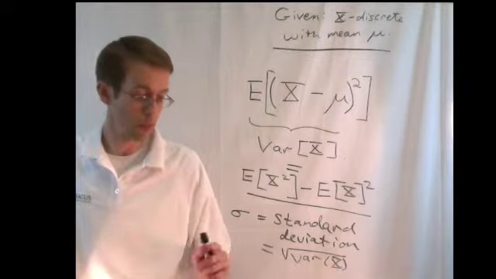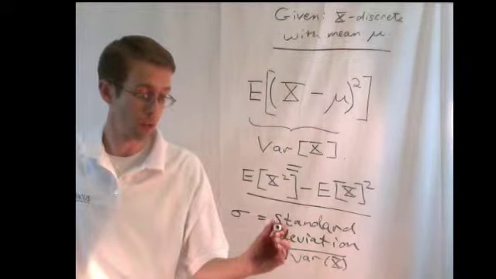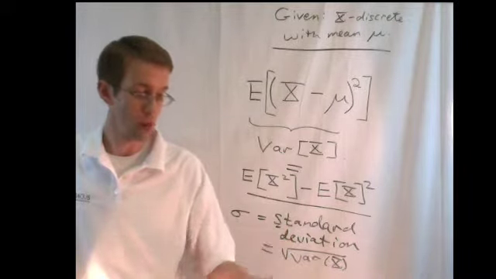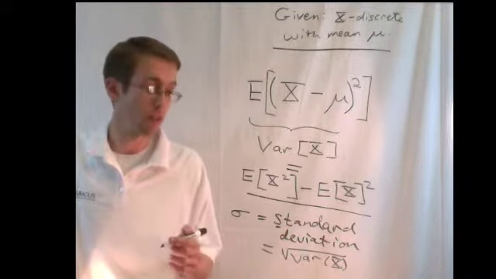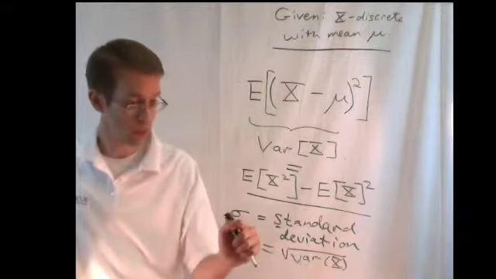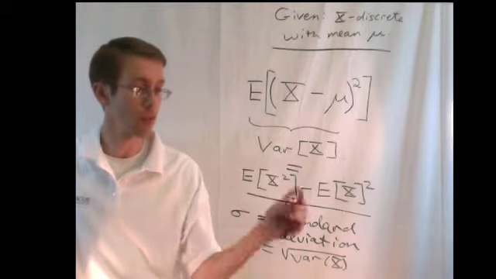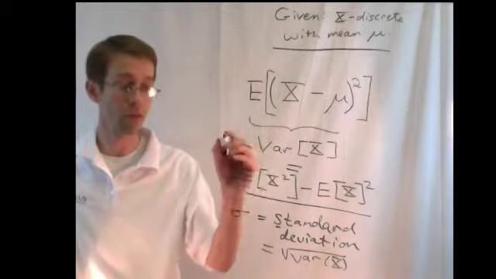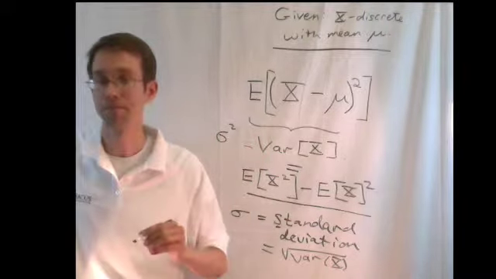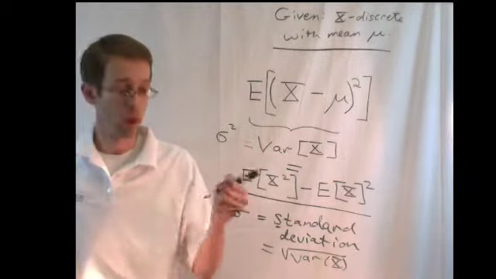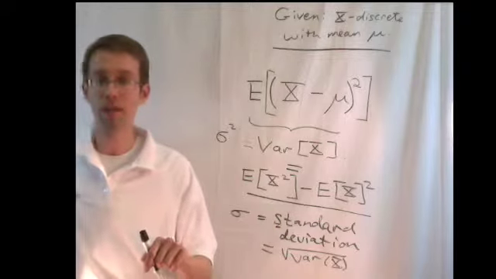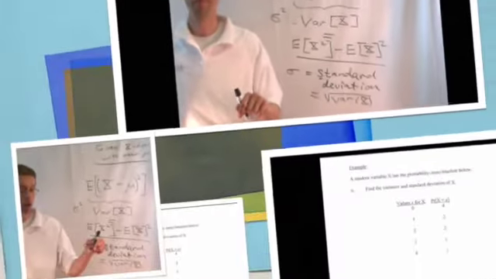Sigma is a Greek s for standard deviation. Sigma is now back in dollars. For this reason, oftentimes the variance is denoted sigma squared. And we'll see an example involving variance and standard deviation right away here.